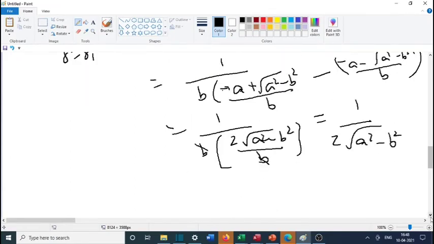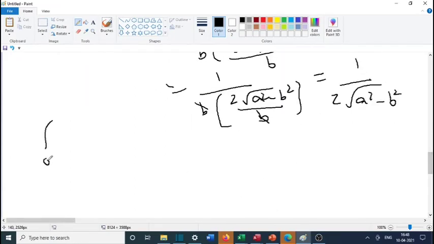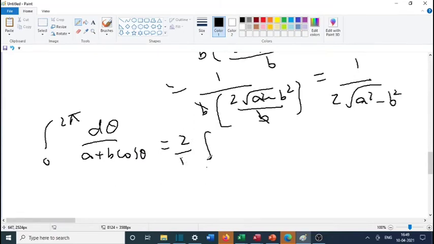So the given integral, from 0 to 2 pi of d theta by a plus b cos theta, is equal to 2 by i times the integral over C of f(z) dz we got.